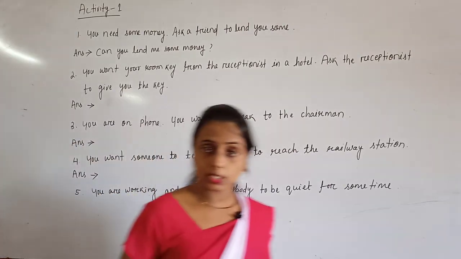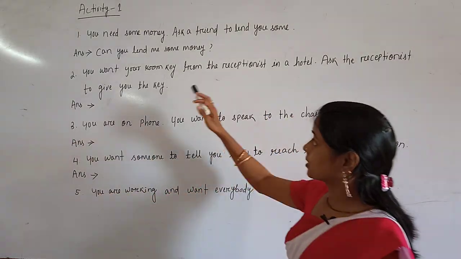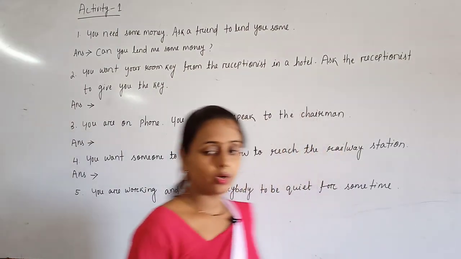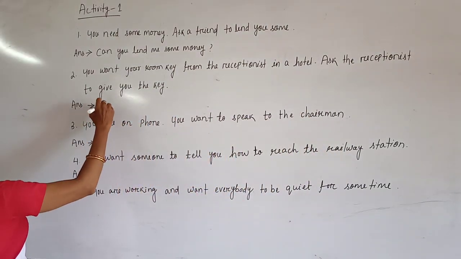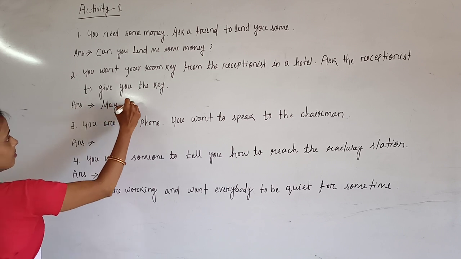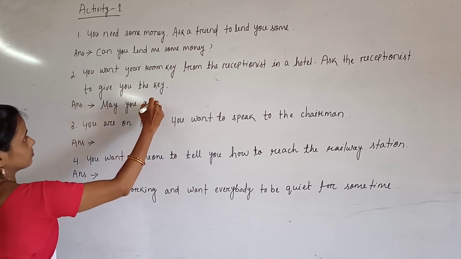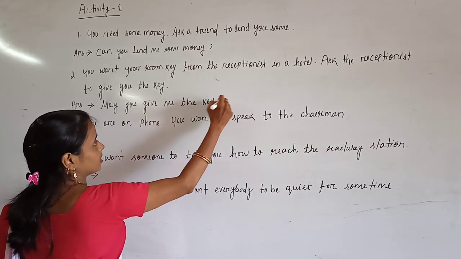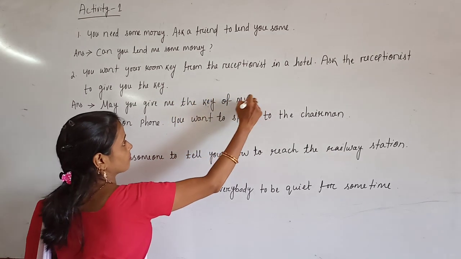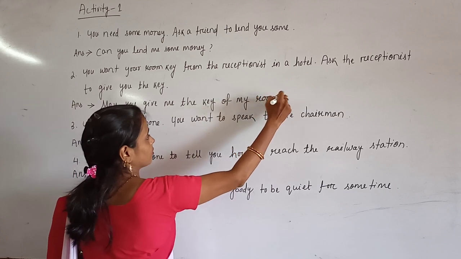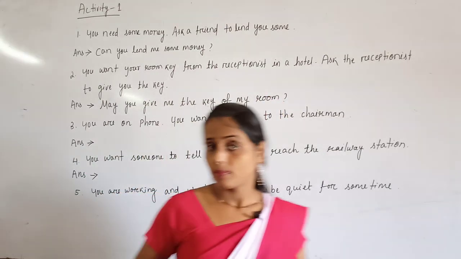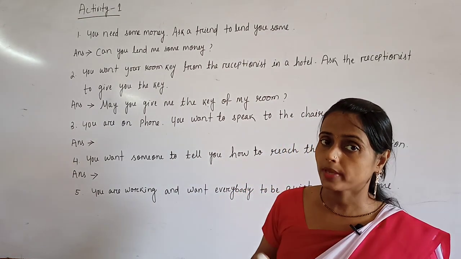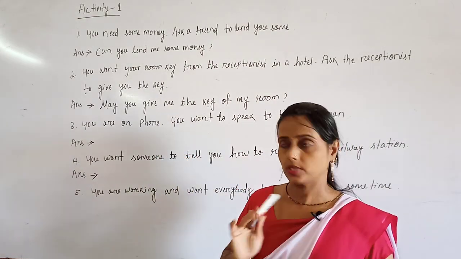So what can be the answer? May you give me the key of my room? Understood? So here write down, may you give me the key of my room. As I told you, may is also formal. It is used in formal place to make request. So here may is appropriate.